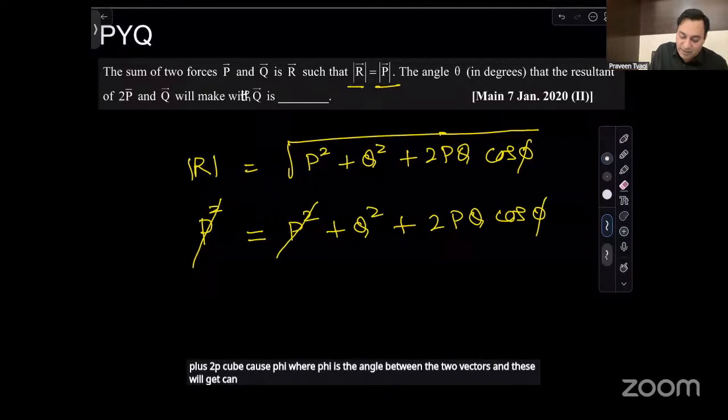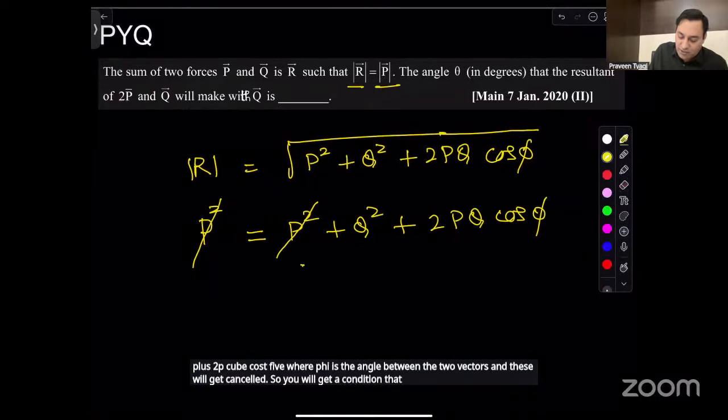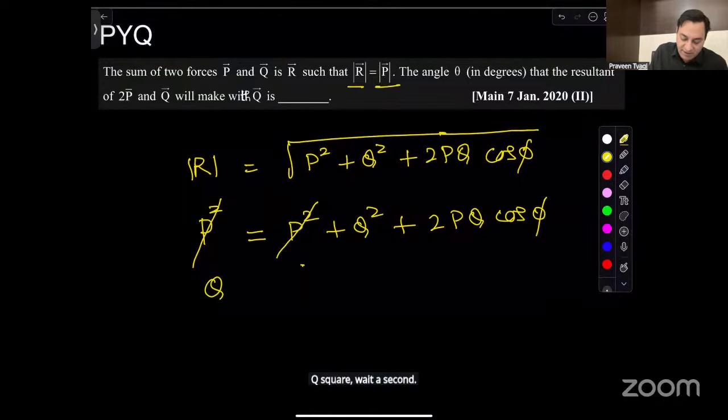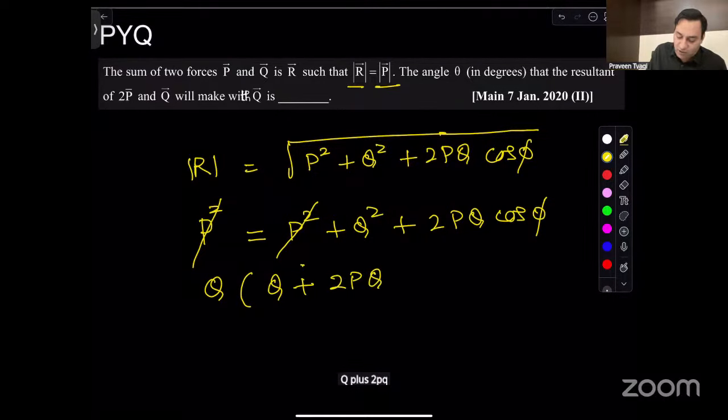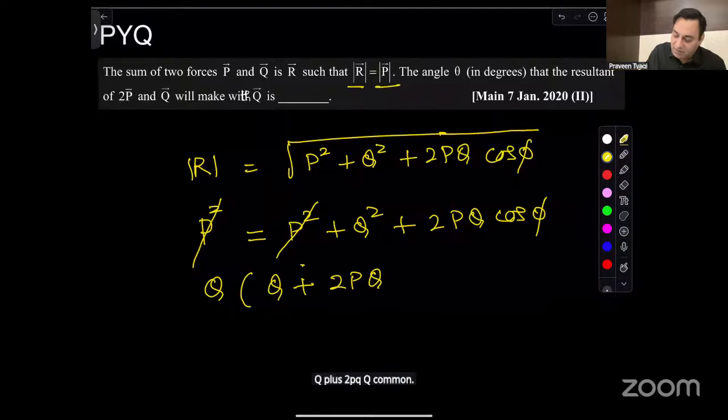So you will get a condition that Q square plus 2PQ cos phi is equal to 0. Q common, so Q plus 2P cos phi is equal to 0.